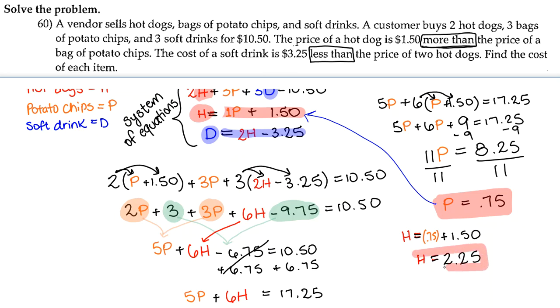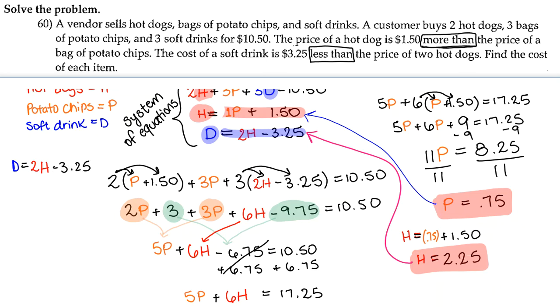Now that we have that second variable solved, we can plug both variables into another equation, or we can just plug in the h into the third equation to get our d. So let's go ahead and do the latter. Let's plug in h into our d. So here we're going to get d is equal to 2h minus 3.25.